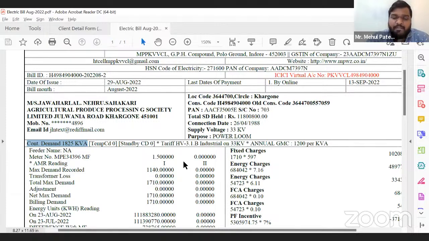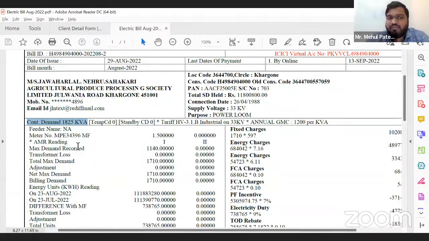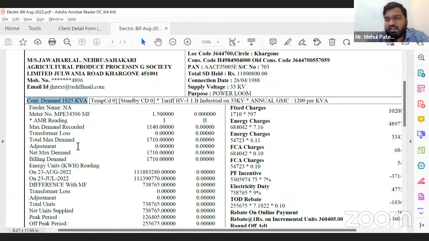Whatever equipment and load I have connected, the total power and some additional power for future loads is given to the discom while purchasing the connection. For example, the customer over here has demanded a 1825 kVA connection. That is the contract demand. At some places it is also mentioned as the sanction load. Over here in MP, it's mentioned as the contract demand. So the first and foremost important thing is the contract demand.